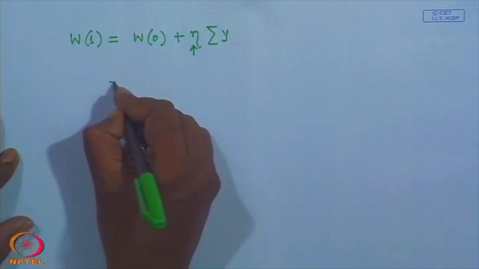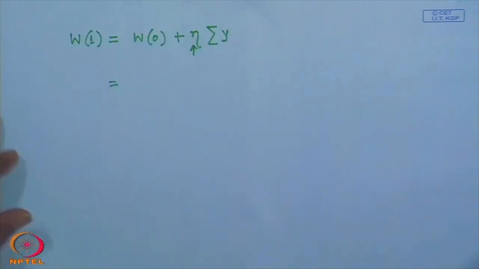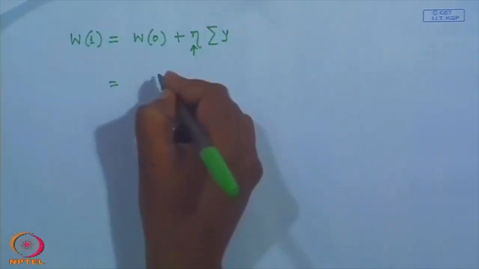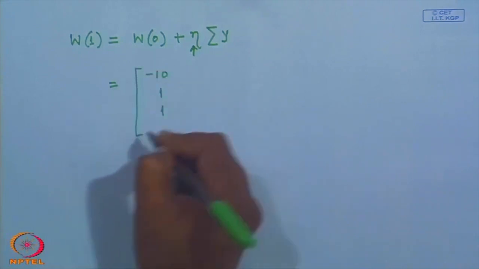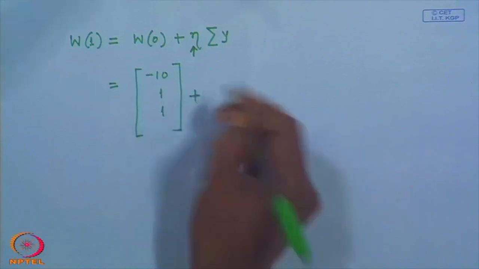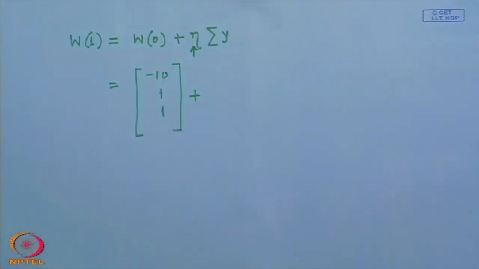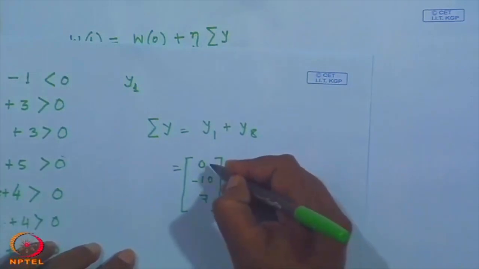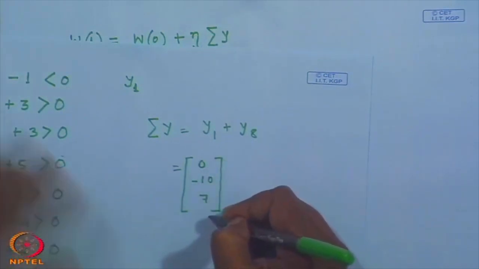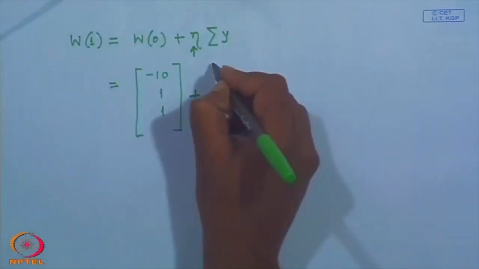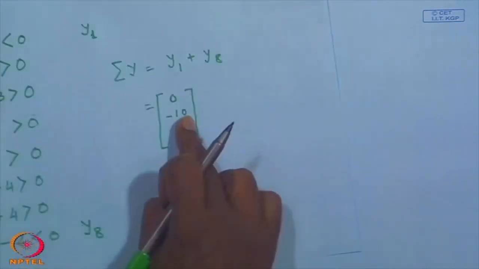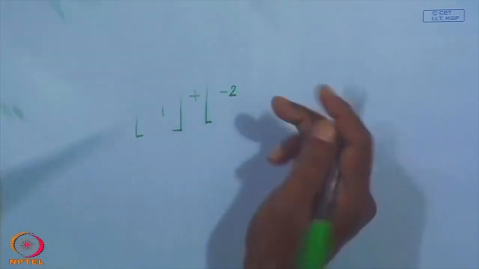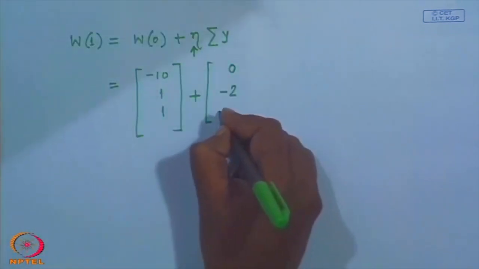W0 was minus 10, 1, 1, plus eta, 0.2, times the sum of y, which is 0, minus 10, 7. So eta times the sum of y will be 0, minus 10 into 0.2, that is minus 2, and 7 into 0.2, which is 1.4.